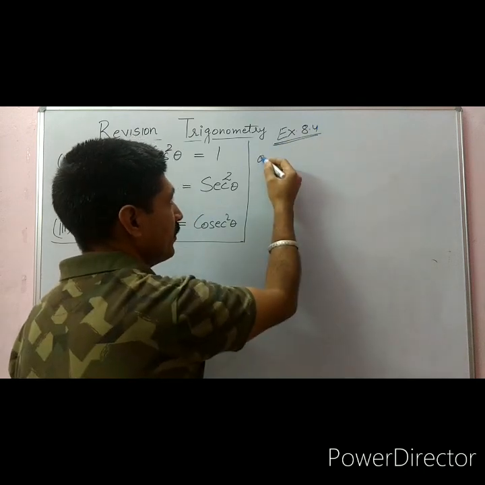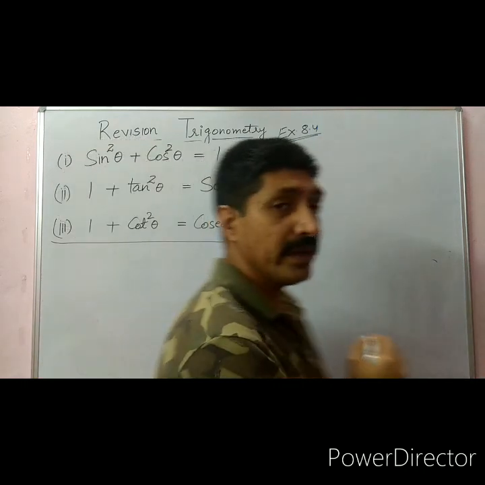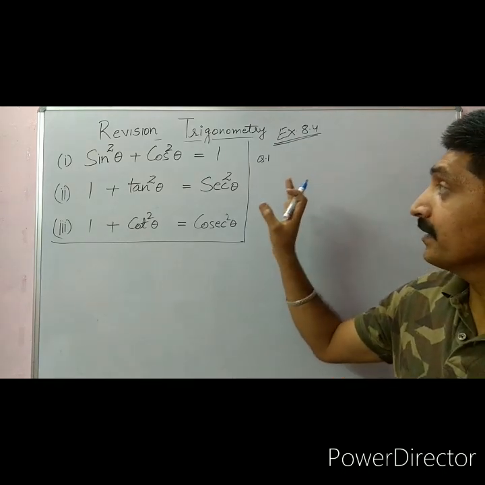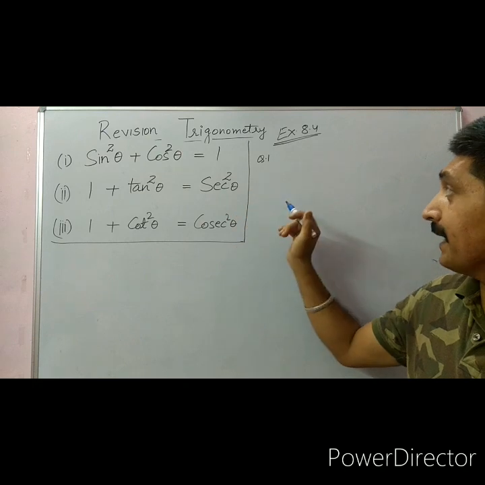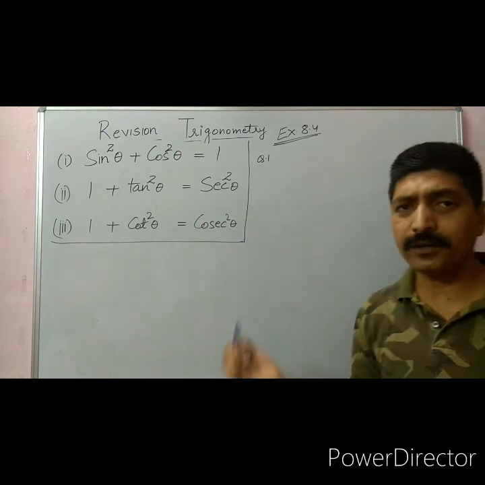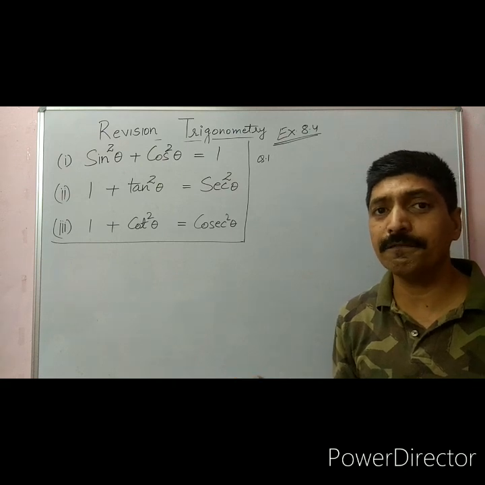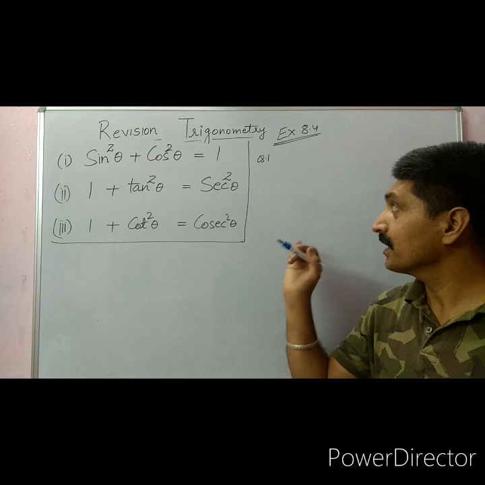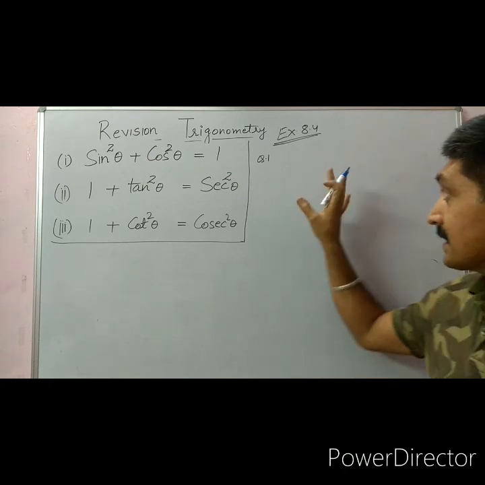In exercise 8.4, first question, we want to write sine of A, or we can take all trigonometric ratios in terms of secant A. First and second questions are the same.